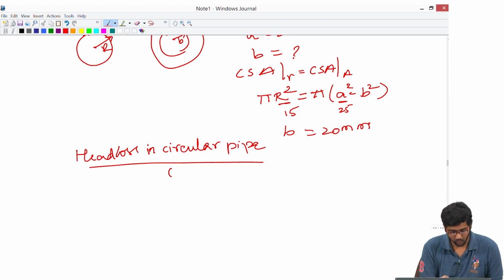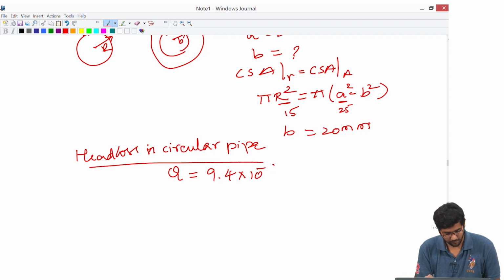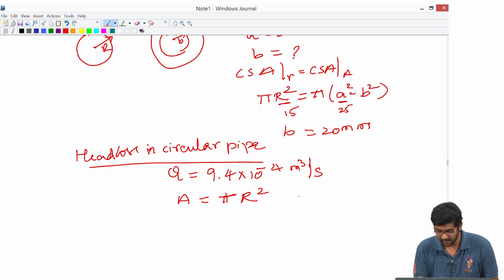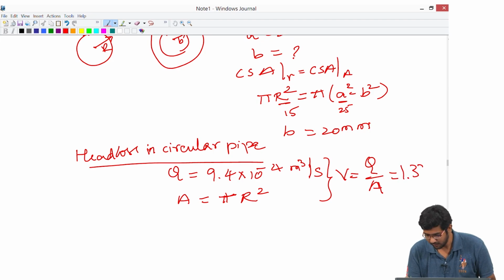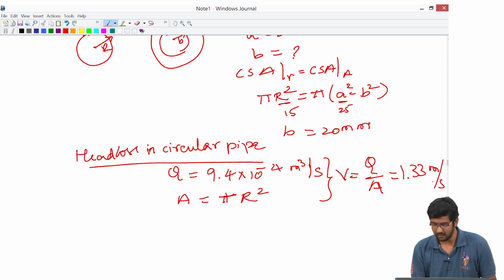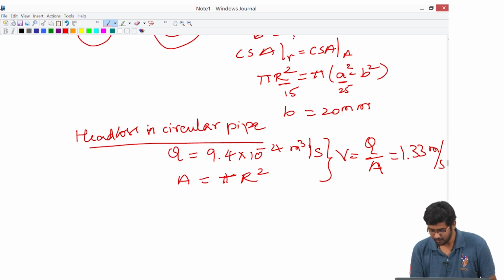In the problem, the flow rate is given as 9.4 × 10^-4 meter cube per second, and we know the cross sectional area, which is pi r square. From this we can calculate V as Q by A, which gives us 1.33 meter per second.